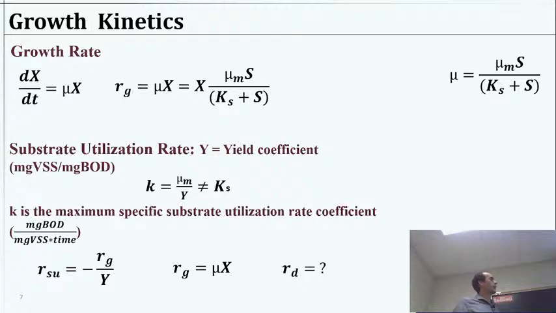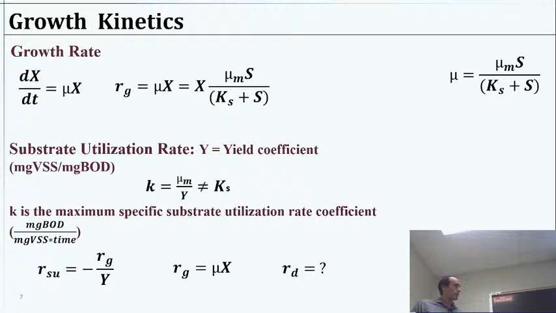And this is going to let us get to a substrate utilization rate. So the amount of substrate we're using will depend on how much bacteria we have growing and how much mass of bacteria we get per mass of food that is consumed. So we can get there using this yield coefficient Y.